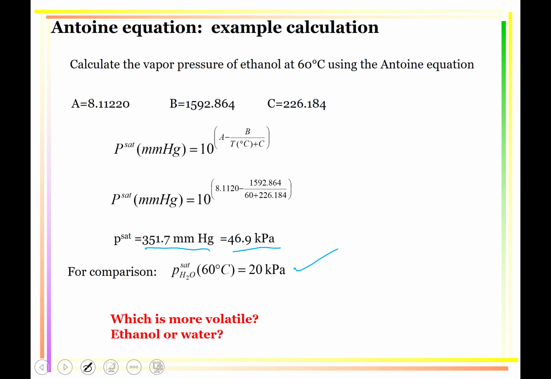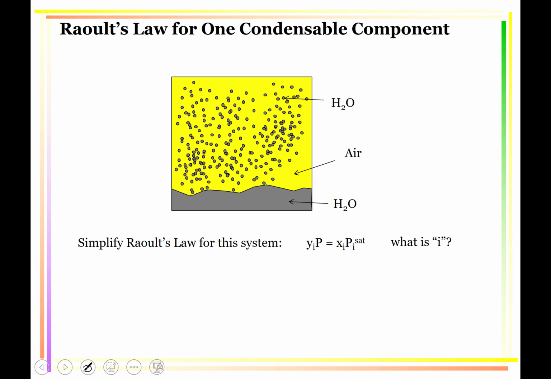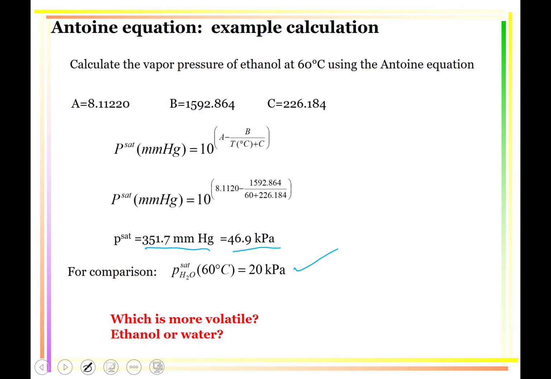So the question here is which of the two is more volatile, ethanol or water? Well, the one that has the higher vapor pressure is more volatile. So we can see that ethanol, and you know this from your own personal experience, is more volatile than water.